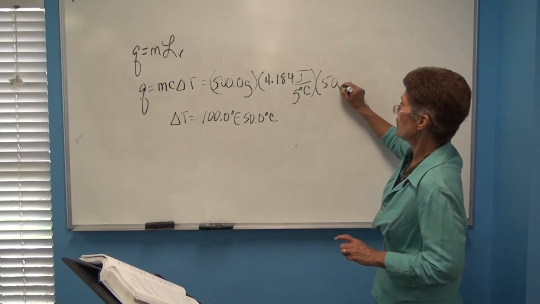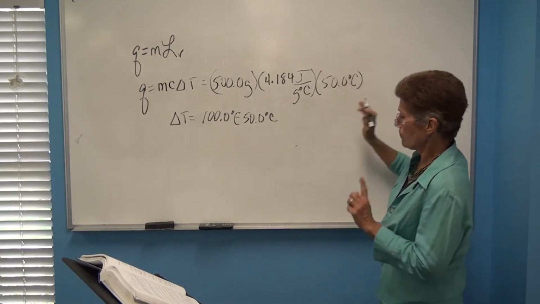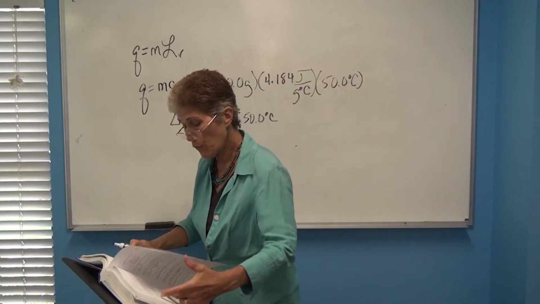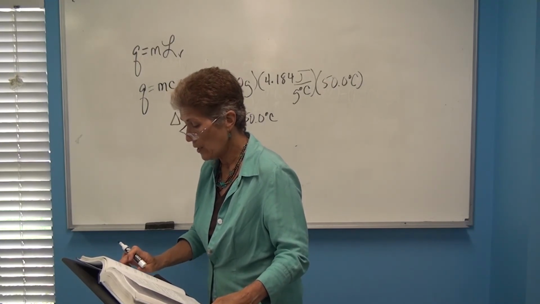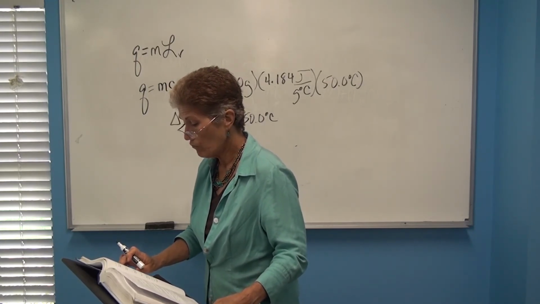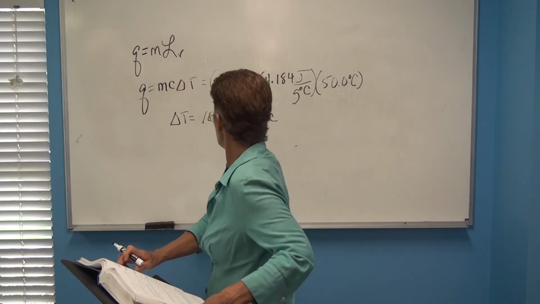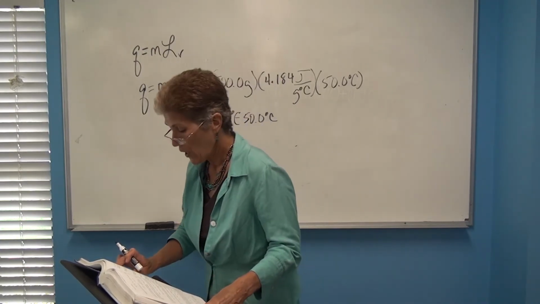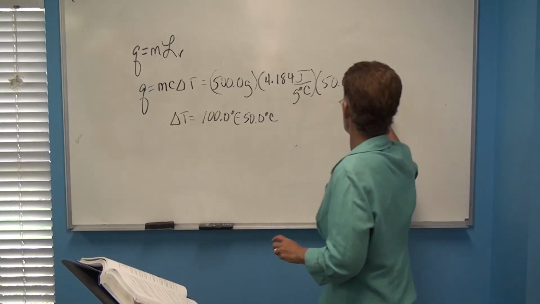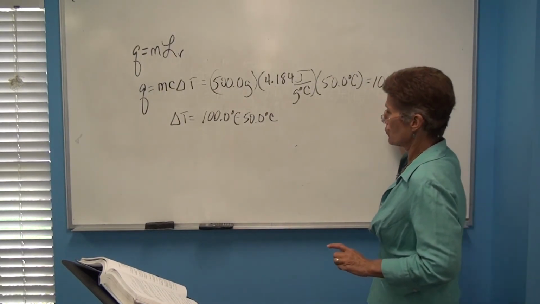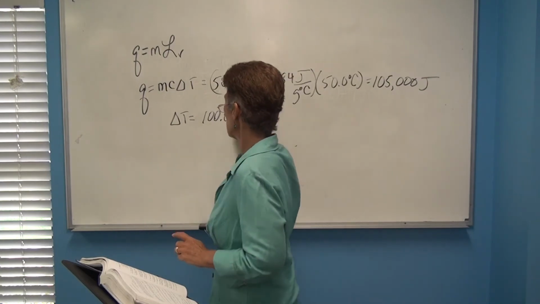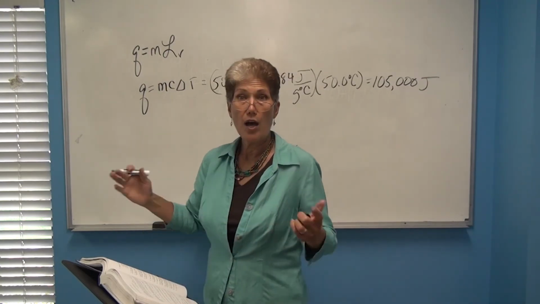So it's going to be 50 degrees Celsius. Okay, so that's the first step. And when you do that in 3 significant figures, you get 105,000 joules. Okay, that gets us up to 100 degrees.